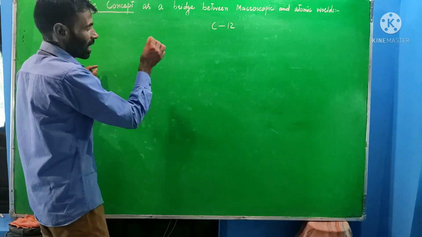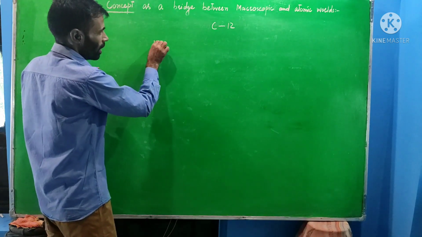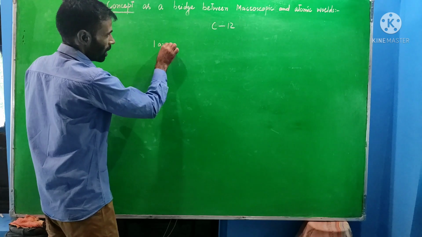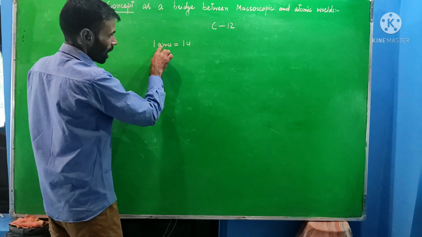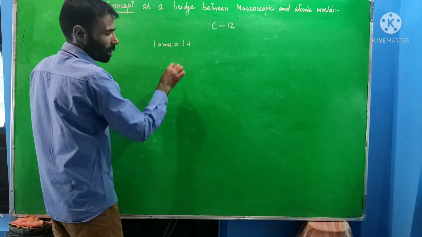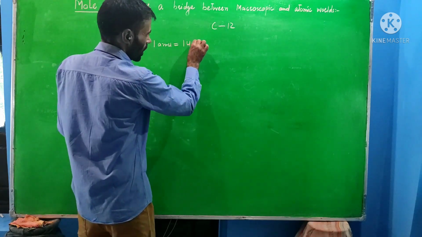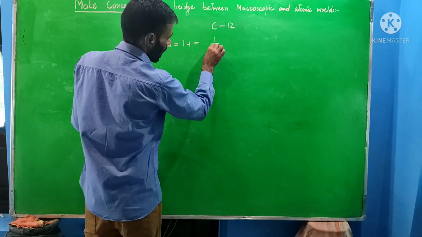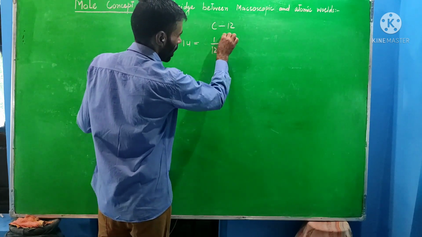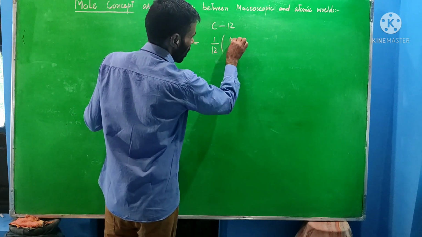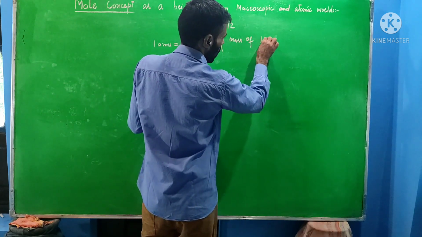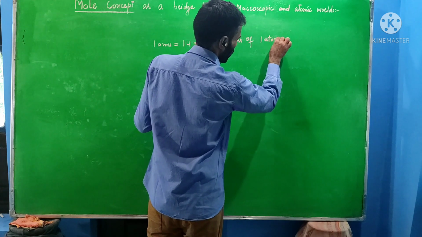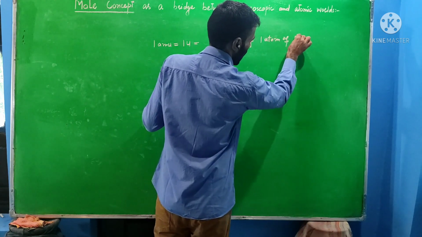Within this, we take this value 1 AMU, now noted as 1 U, atomic mass unit, now unified mass. It is equal to 1 by 12th of the mass of one atom of carbon 12.